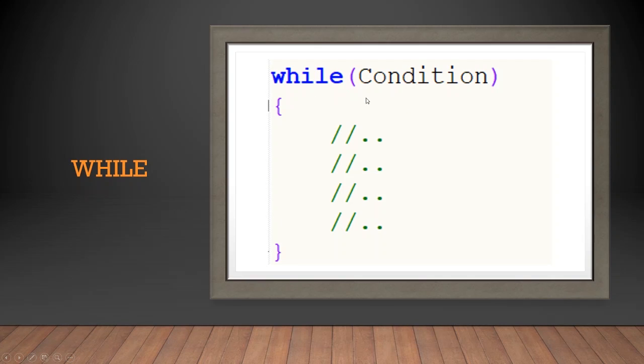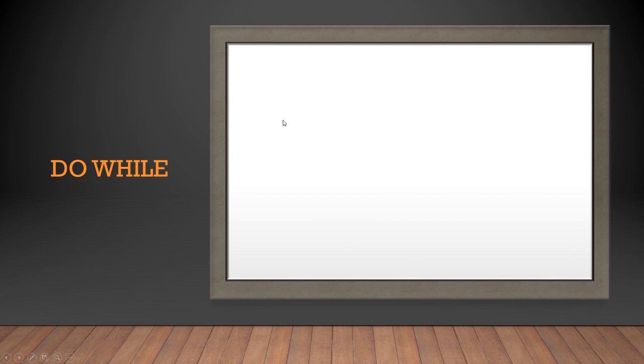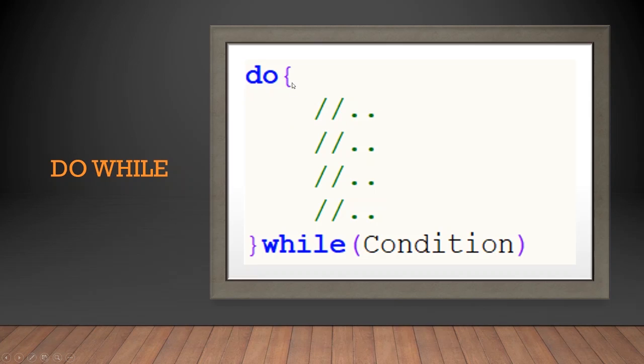This loop executes as long as the condition is true. Do while: the loop is executed the first time and the condition is checked at the bottom. This loop is used when you want to make sure the loop executes at least once.